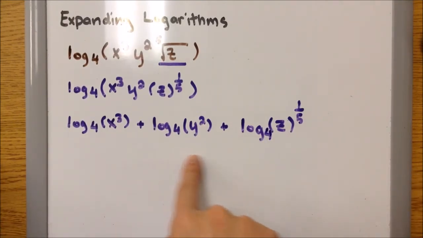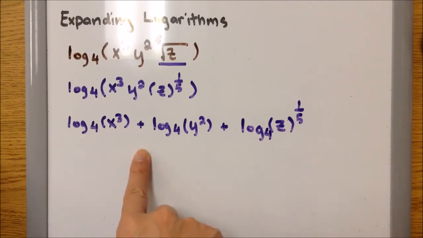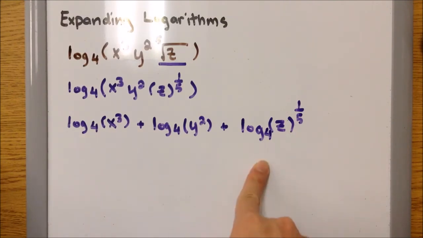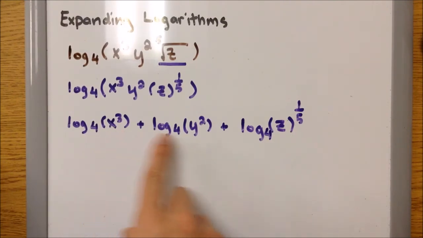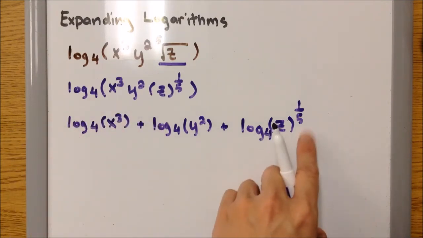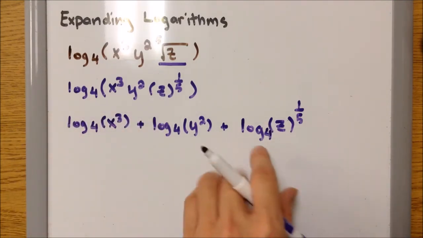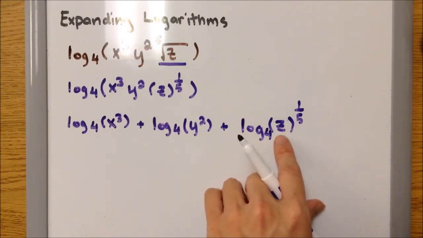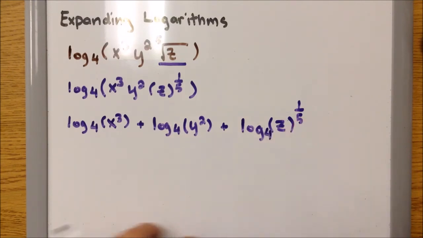Now, there's nothing I can split, so that's good. The only thing I have to worry about is the exponents, and since all of them have exponents, the only property we can use now is the power property. So all we're going to do is move the exponents in front of log. Now here is a fraction, so what I'm going to do is put log base 4 of z as a numerator.